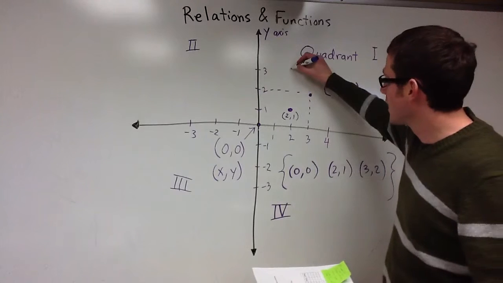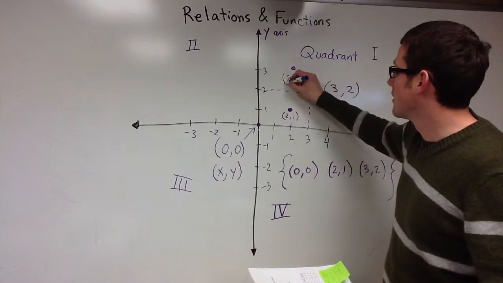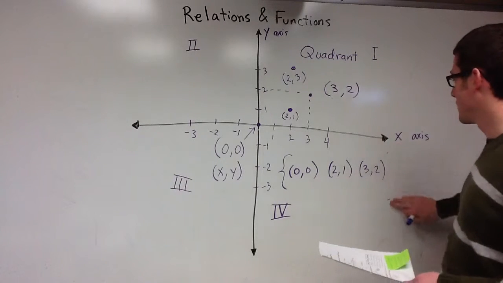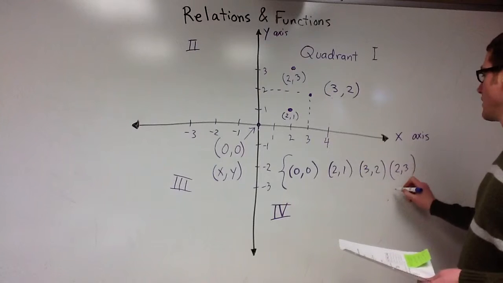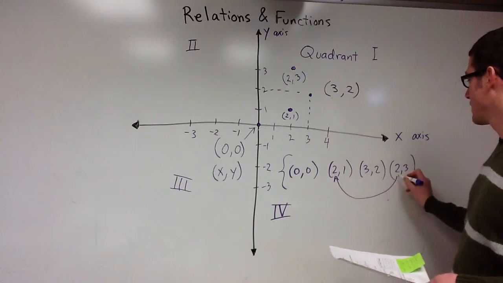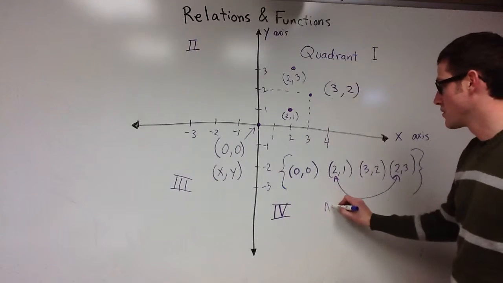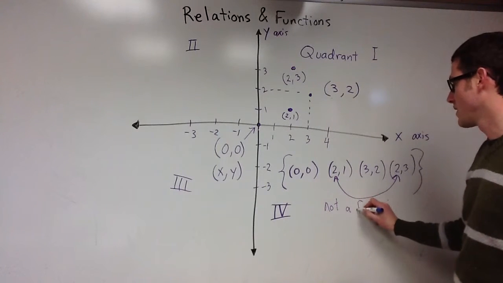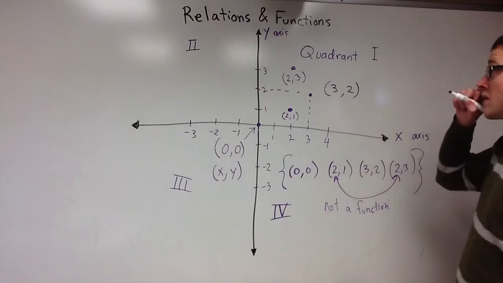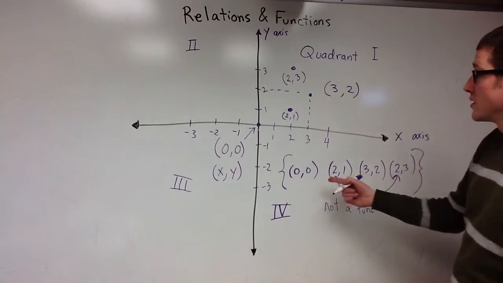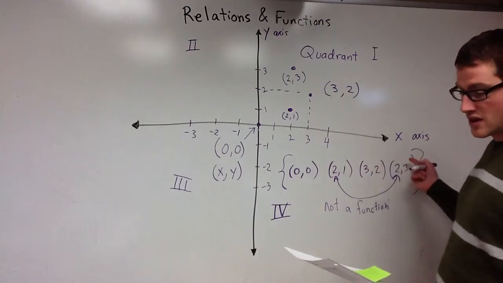If we had another one up here at 2, 3, and that was part of our set, then we would have 2 repeating x values, and so this set here is not a function.